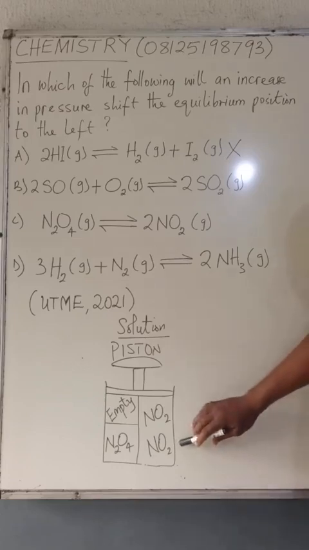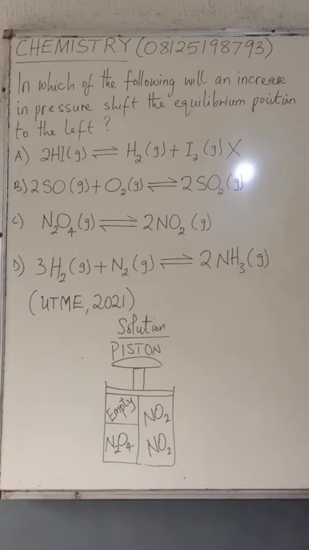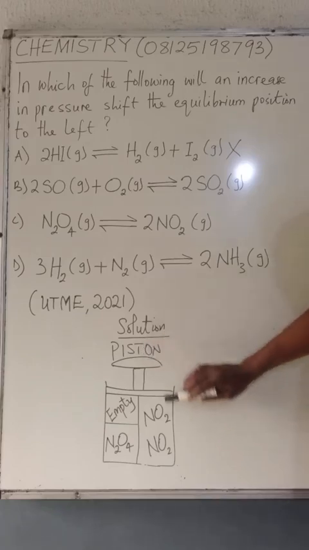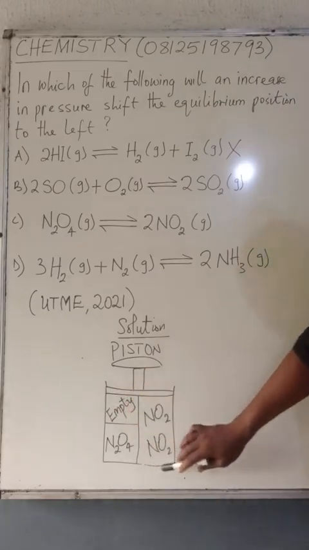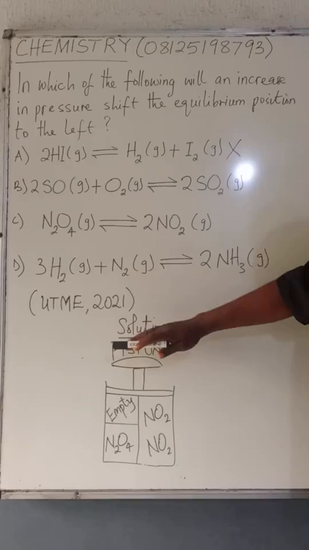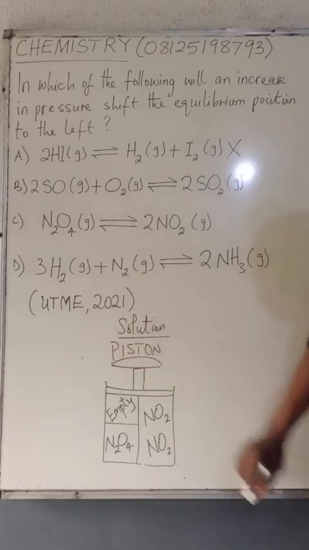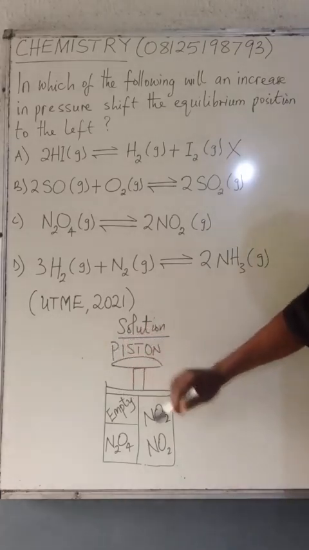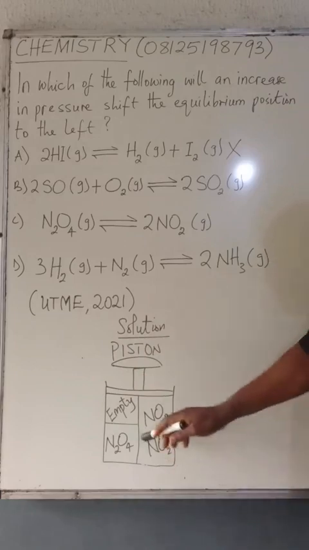Look at the diagram on the board. This diagram is used to help us understand how a change in pressure will affect the position of equilibrium. If you have a piston here and a container like a beaker, and you are trying to push down, you are trying to reduce the volume of the species in this container.